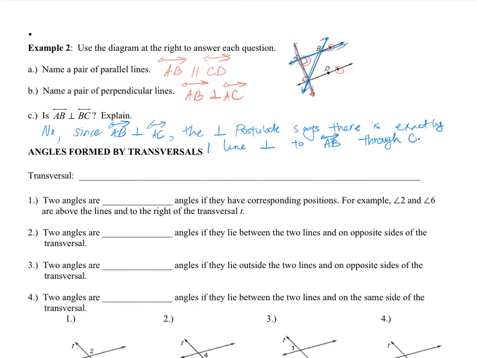And you can also give the reason that there's no perpendicular symbol, and then we cannot assume that's perpendicular. But that would not be a very good reason to give, since now you're introduced to this postulate.